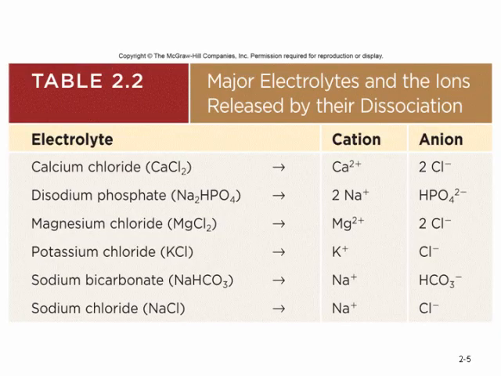We talked about the major electrolytes. I said that we would go ahead and look at this real quick. This is a very brief listing of the 6 top electrolytes found in the body. Calcium chloride. When it breaks down and dissociates into its basic ionized components, we have calcium ions and chlorine ions.